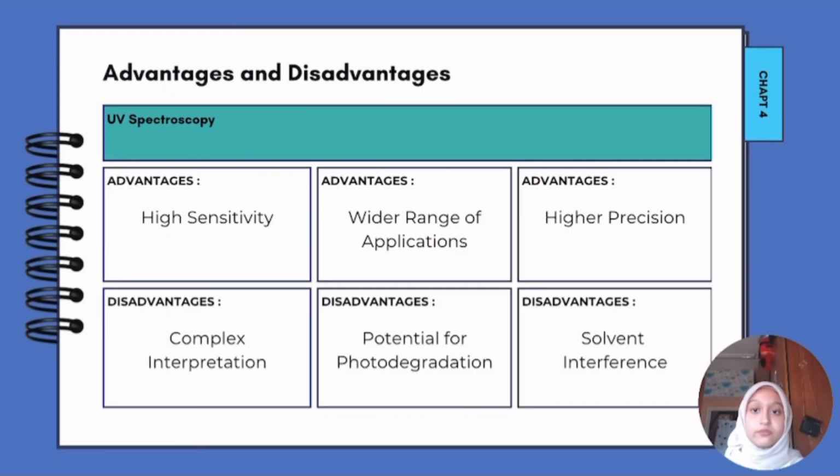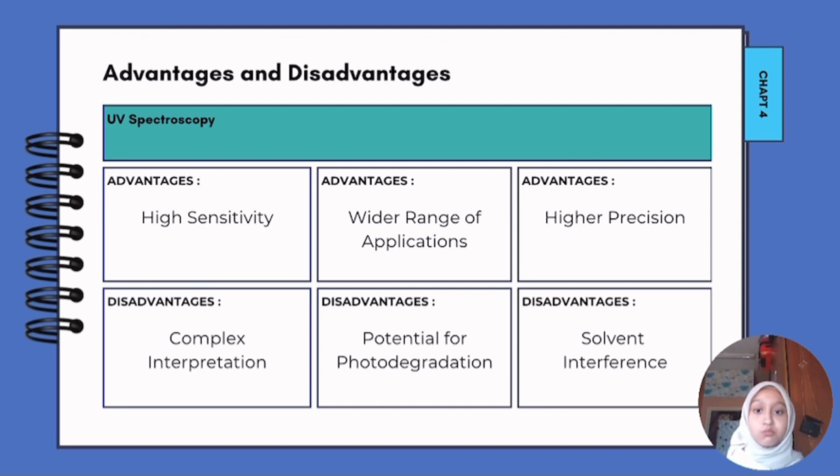UV spectroscopy also has its own advantages and disadvantages. So the first advantage is that it is highly sensitive. It is more sensitive than visible spectroscopy and capable of detecting lower concentrations of analytes. It can also be used in a wider range of applications.